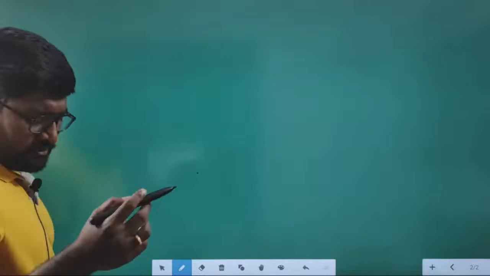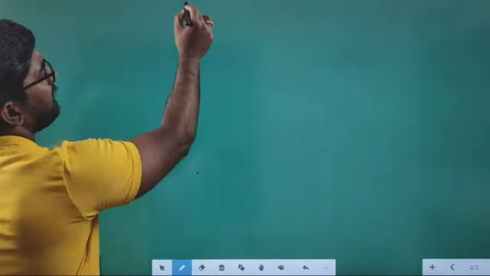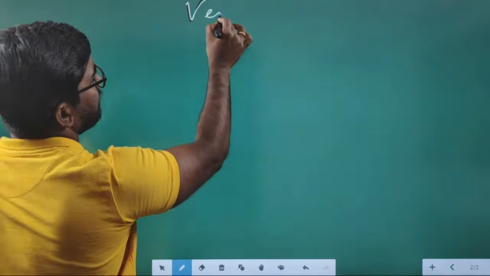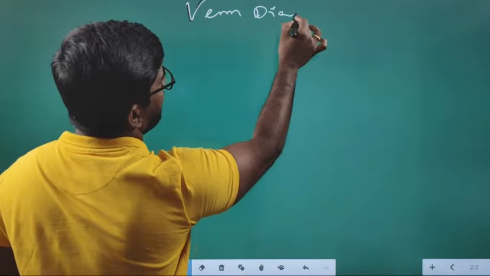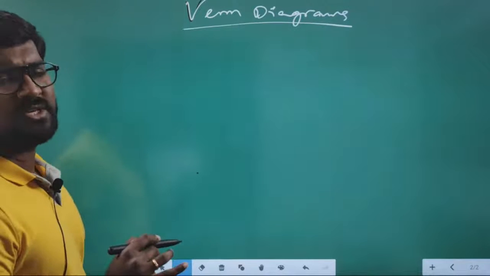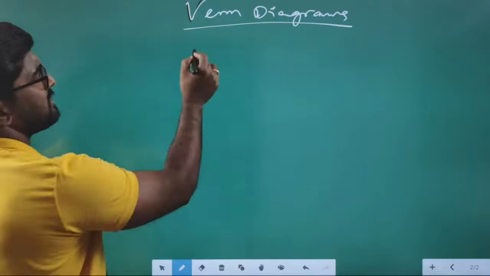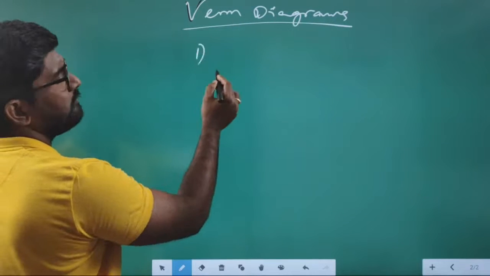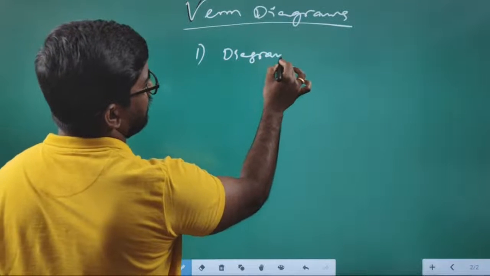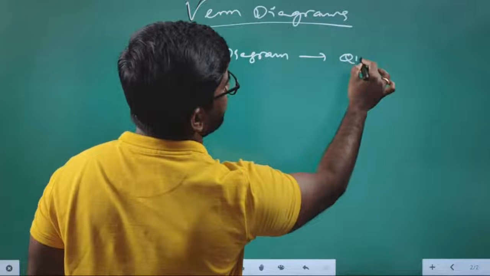When it comes to Venn diagrams, you can expect majorly 3 types of questions. Type 1, you will be given a diagram followed by questions.